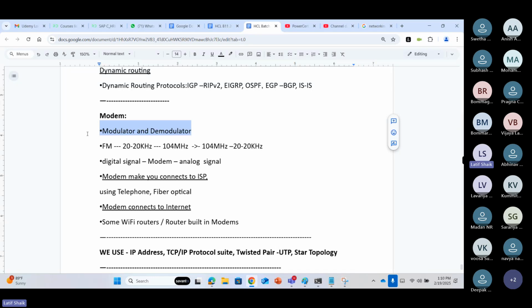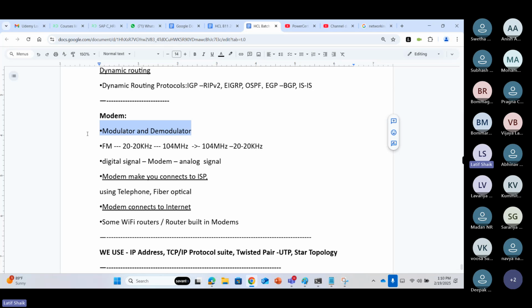From your modem, you get connected to the ISP. In a modem, you are already configured with your subscription username, password, and connection type. Then the information is sent to the ISP. The ISP verifies your user ID, password, connection type, and what your subscription plan is.